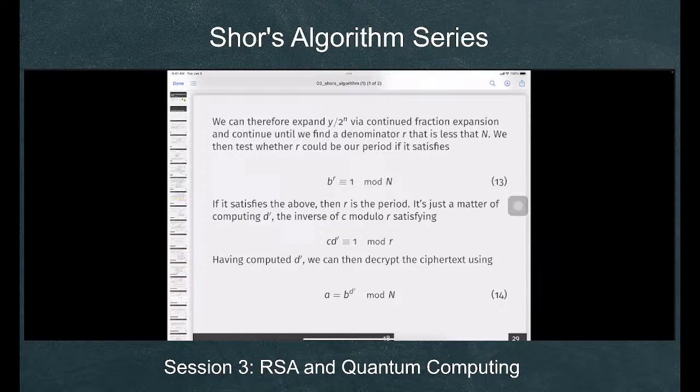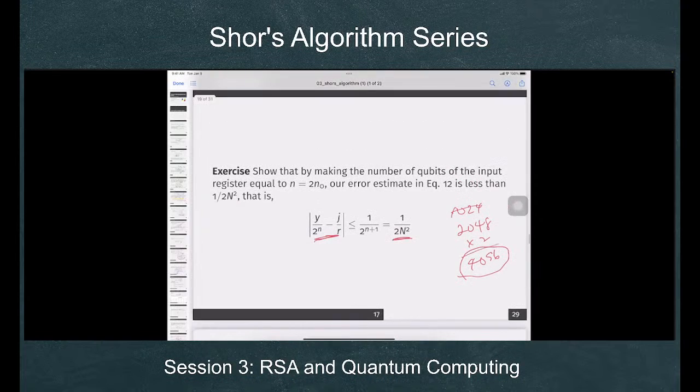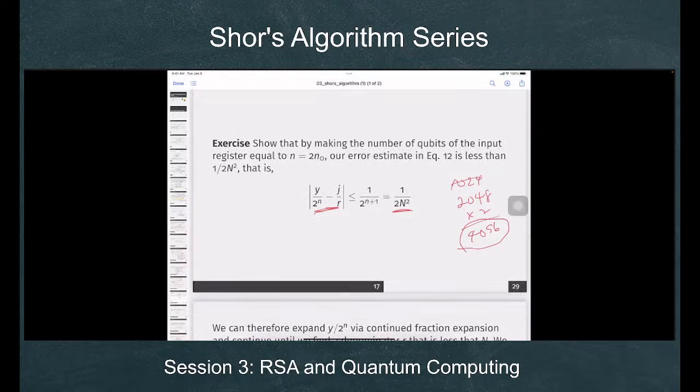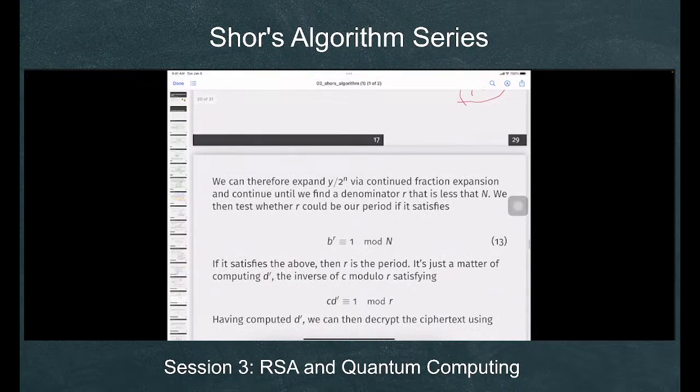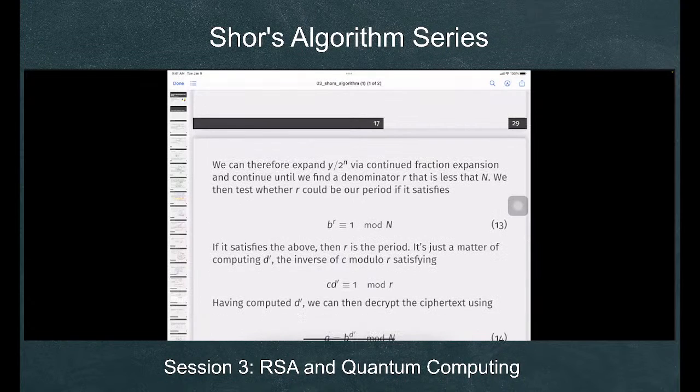Okay, so let's go back here. We can expand this via continued fraction expansion, and then continue until the denominator r is less than n. Because continued fraction expansion is an infinite series, you have to stop somewhere, and you stop when the denominator r is less than n.